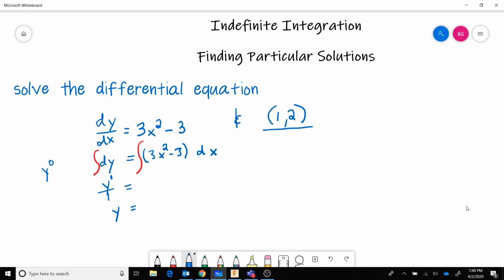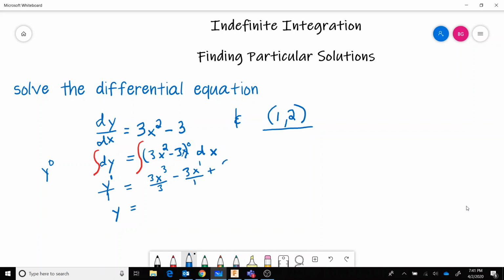And over on this side, I add 1 to the exponent, so instead of x squared, it becomes x cubed. And then I divide by 3. And then here, this is kind of tricky again, but that really is 3x to the 0. And so I add 1 to the exponent, I get x to the first, and I divide by the 1.